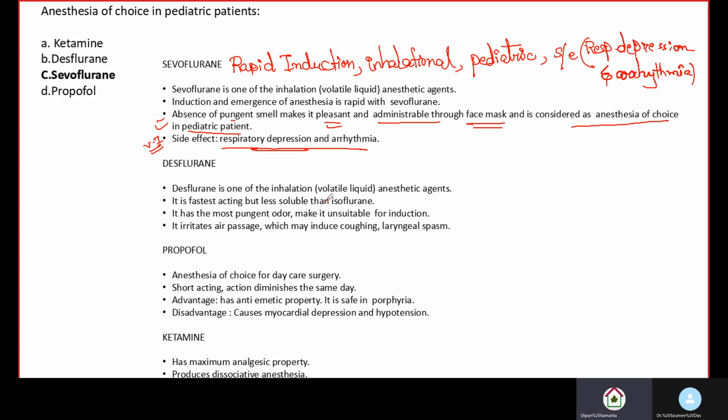Desflurane is one of the inhalational agents. Again, fastest acting but less soluble than isoflurane.